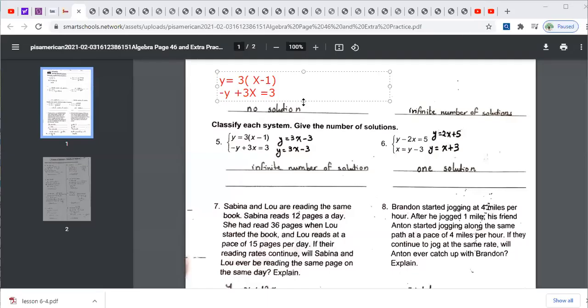How many solutions? We are going to rearrange the equation, according to standard form or slope-intercept form? If I'm looking for the number of solutions, it is slope-intercept form.